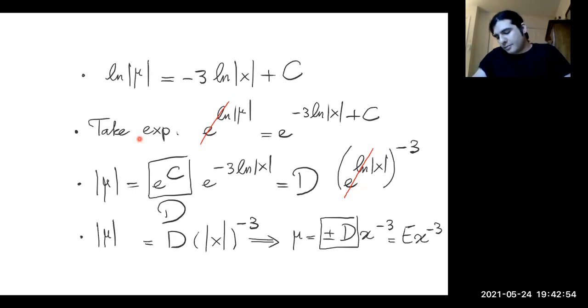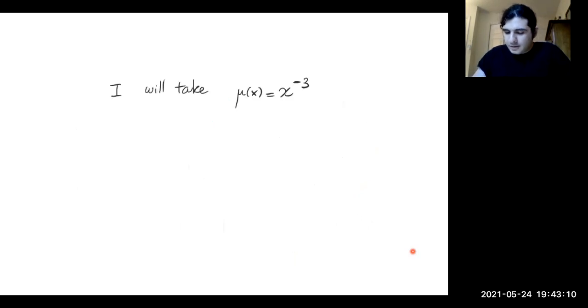Then I would drop the absolute value. That tells me mu, up to a constant, is x to the -3. I'm not looking for every mu which satisfies this equation. I just want one mu. So I would let the constant be 1, and take mu to be x to the -3. This is the one I would get.